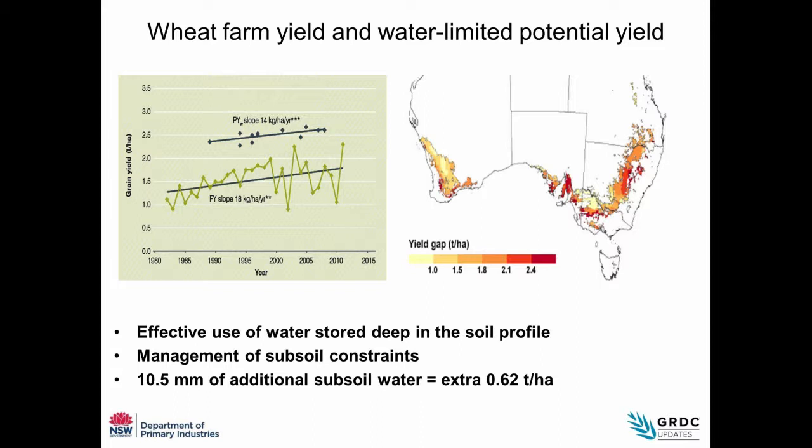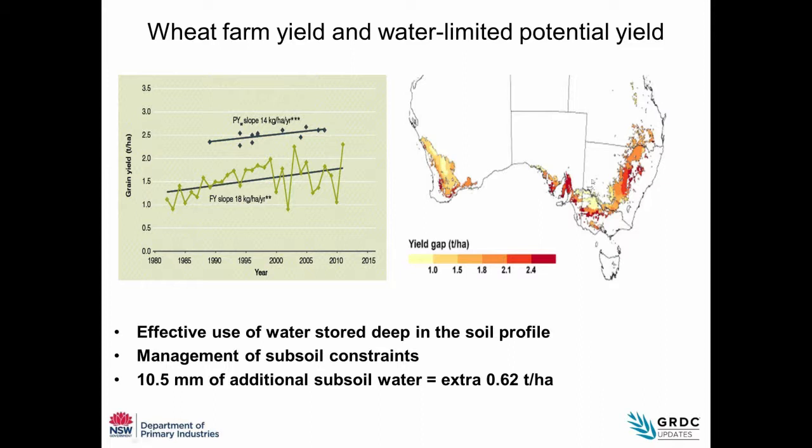So the potential yield is the yield that can be expected with the best adopted variety, with the best management of agronomic and also the inputs, in the absence of manageable stress. That could be a biotic or abiotic stress, like diseases and subsoil constraints.